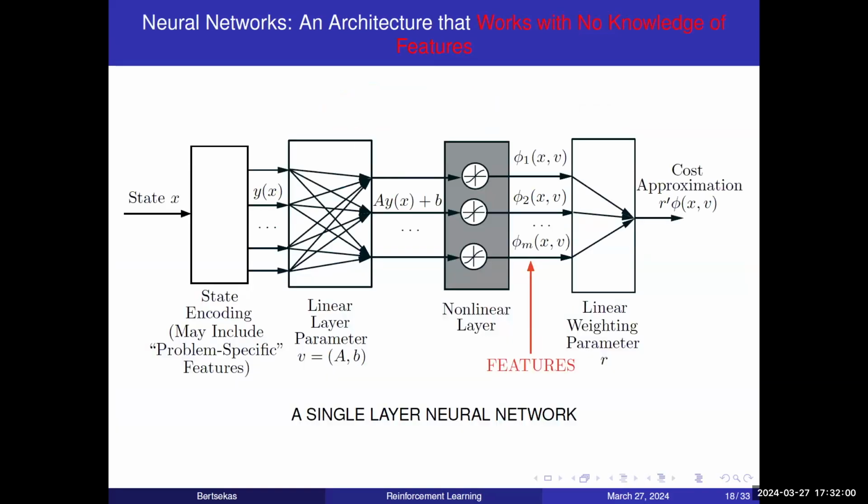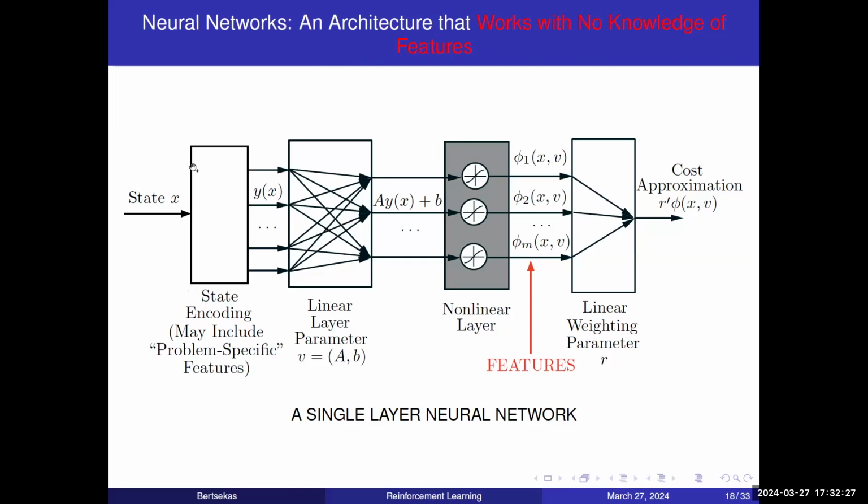Okay, so up until this point, we have talked about the features that we manually construct in those two case studies, chess and Tetris. But a more popular architecture nowadays that constructs features for us is the neural network. It is an architecture that works with no knowledge of features.